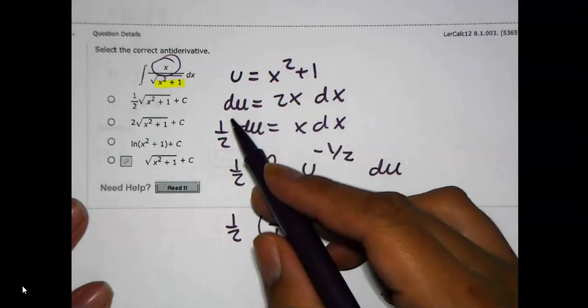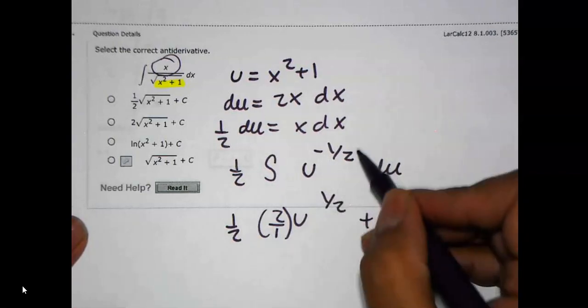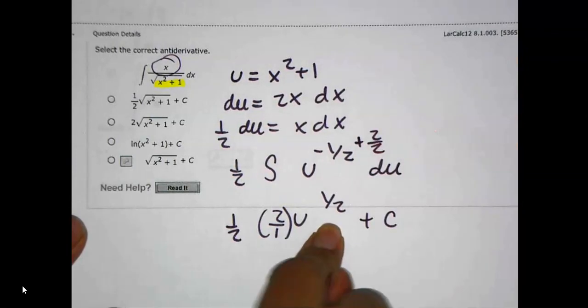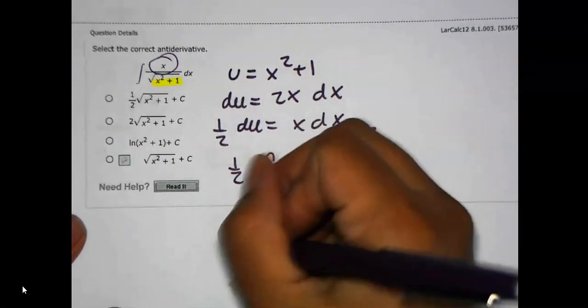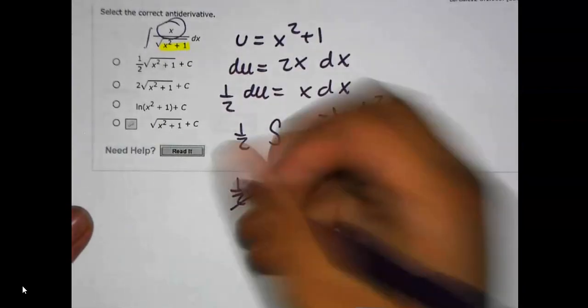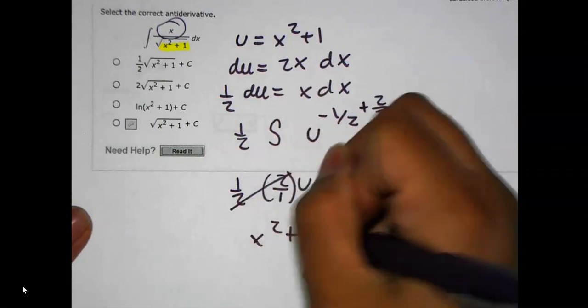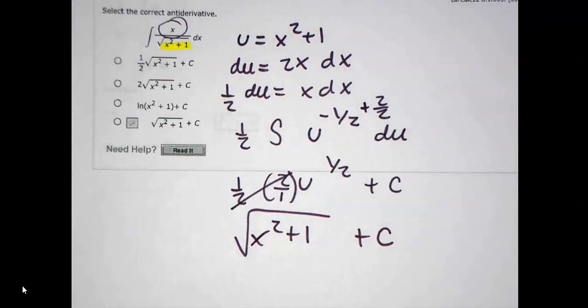It is in the denominator, so to bring it up, it becomes a negative 1/2. To integrate, we add 1 to the exponent. Adding 1 to negative 1/2 gives positive 1/2. And then we multiply times the reciprocal, so the 2 cancels out. And instead of u, we write it back as x squared plus 1 to the 1/2, which means square root. And that's how they got that one.